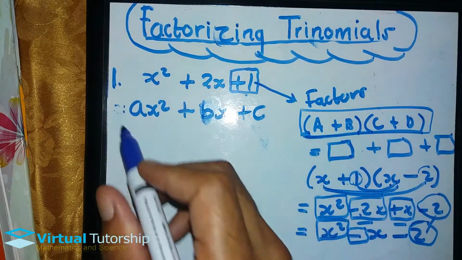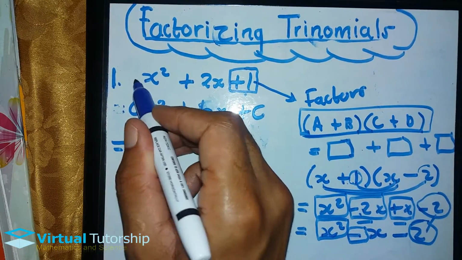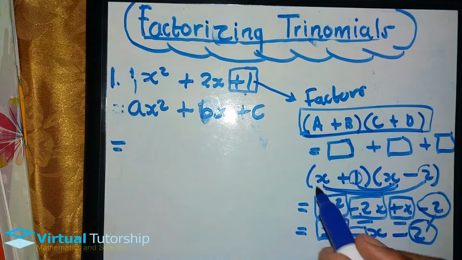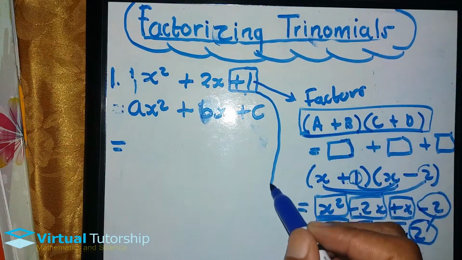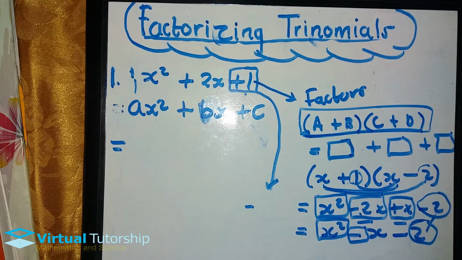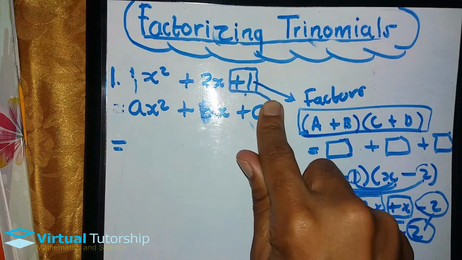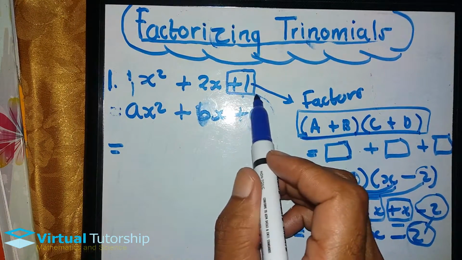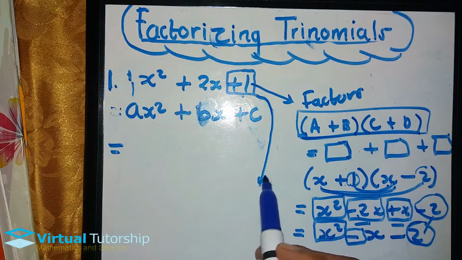This is the standard form of a trinomial: a is 1 here, b is 2, c is 1. So for these values you must find 2 numbers. When you factorize trinomials, the method is you must find 2 numbers.